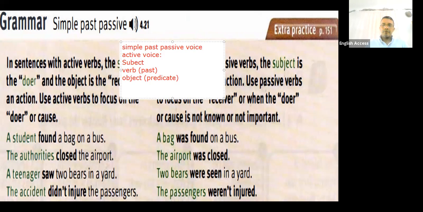For example, Gloria cooked spicy mole yesterday.